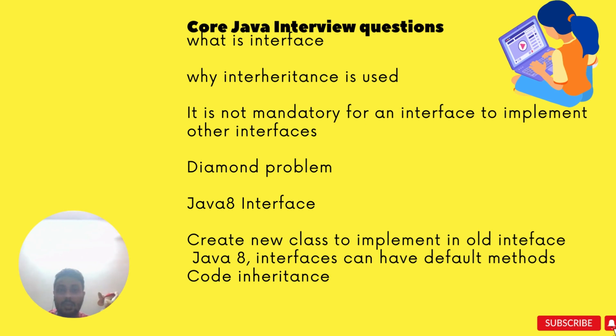So today we are going to discuss some very important core Java concepts, which are based on real-time interview questions, and those are mostly asked interview questions in real-time scenarios. Let's get started.